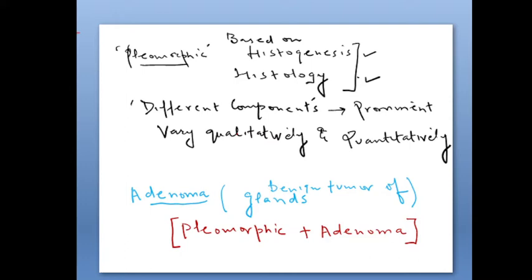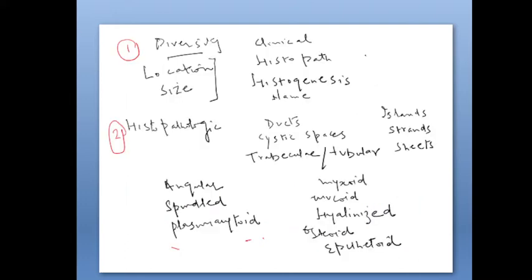The different components are prominent and they vary qualitatively and quantitatively. Adenoma, as we all know, is any benign tumor of the gland. So, the diversity is on the basis of clinical features, histopathological features, concepts of histogenesis, and on the basis of name. There are different names of the tumor.